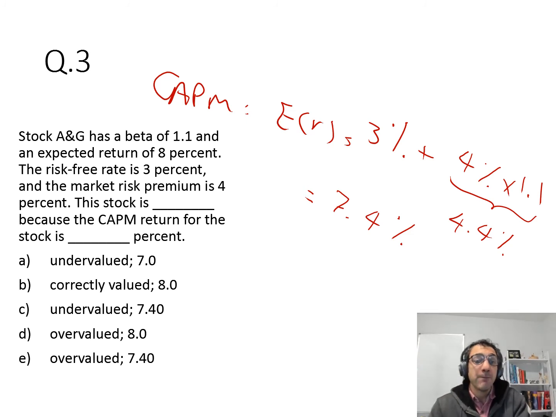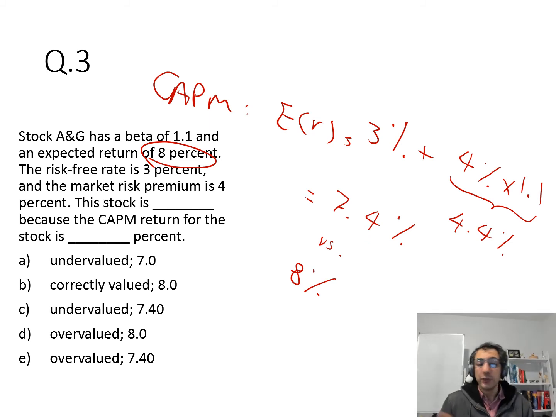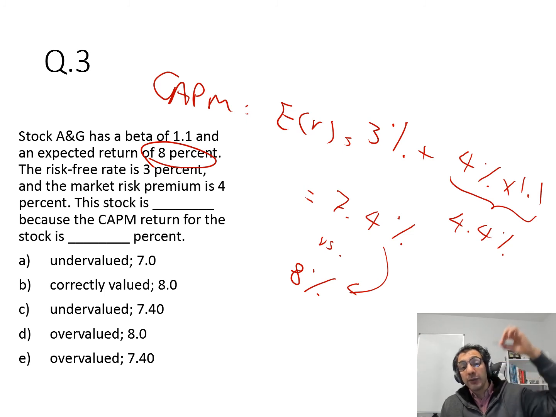But here we notice that the expected return is actually 8%. So you are comparing the rate of return of 8% versus what the model is estimating, 7.4%. What you're actually getting is greater than what the model is estimating. So you're getting more than what the model is telling you. In other words, if you remember the CAPM argument and the SML, you're above the line.